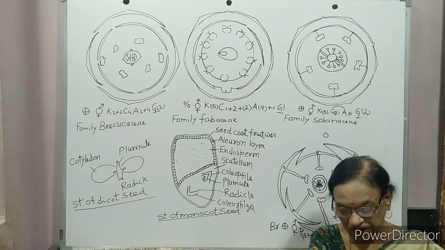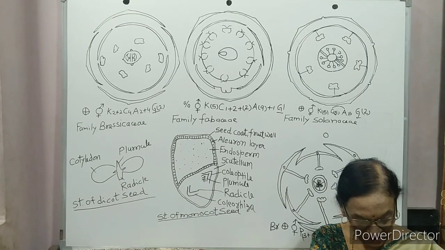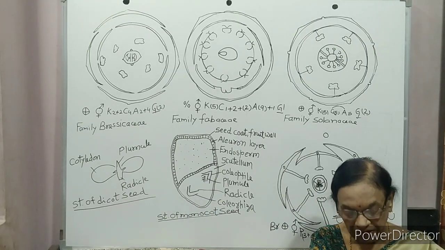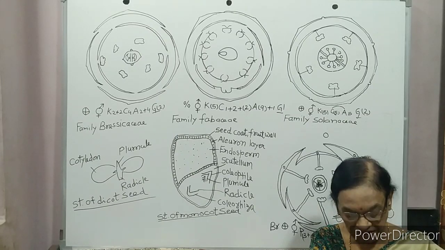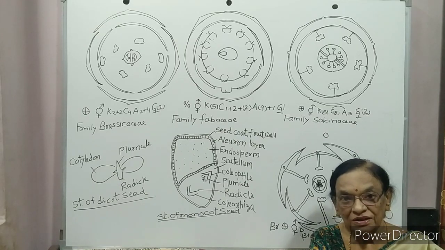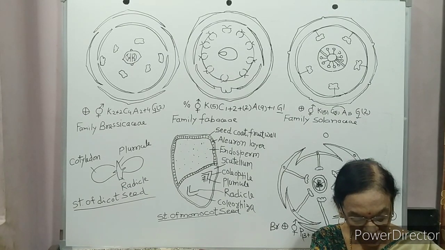Already you have studied in estivation the vexillary or papilionaceous corolla has one big petal called standard, two keel and two wings. So that is papilionaceous corolla.